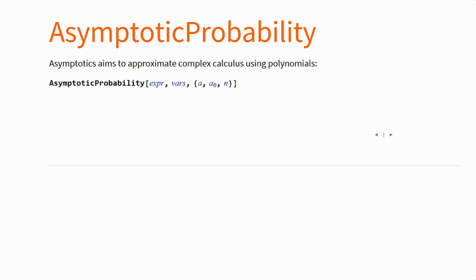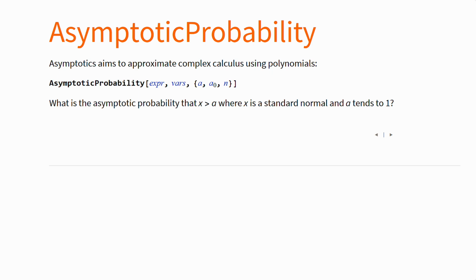So first, practically, what does it look like? Asymptotics aim to approximate complex calculus using polynomials, which are easy computationally. The asymptotic probability function is similar to the probability function, with the difference that there is an initial point and the degree of the polynomial used.